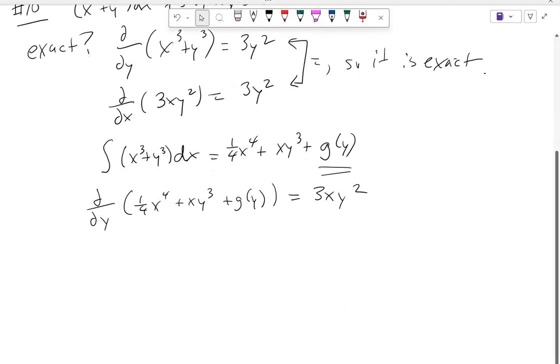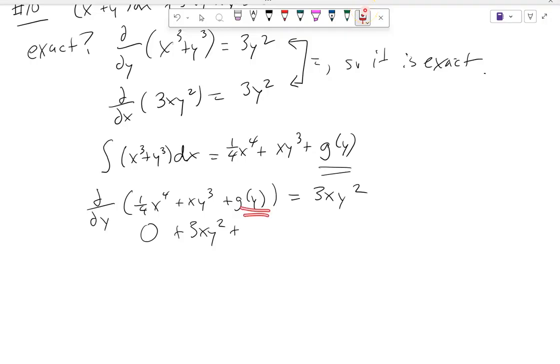Let's look at the left-hand side. Differentiate with respect to y. What happens to this? First term, it goes away, right? So we'll get a 0 here for this one. 3xy squared, good.